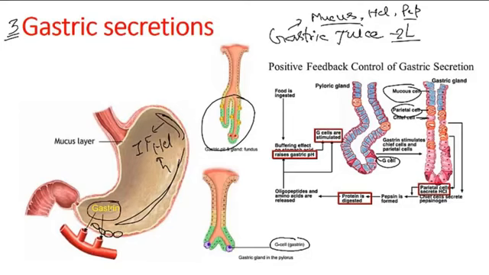Gastrin is a hormone, and that's why we call these enteroendocrine cells, because those are endocrinal secretions secreted by the cells that are present in the enteric body.